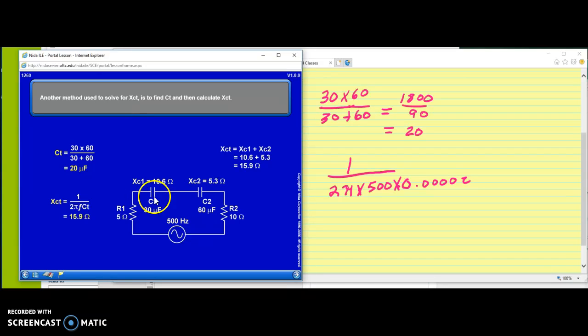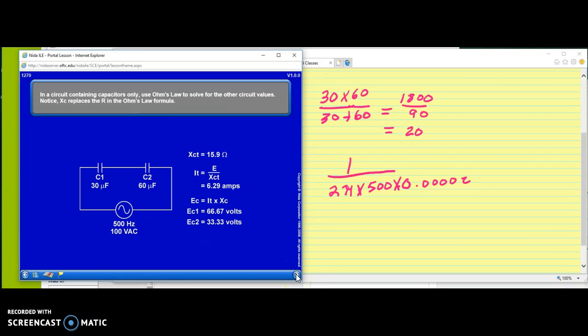But if you're going to be solving a circuit, it's probably better to get the individuals if you'll end up having to deal with currents and things like that. But that's totally up to you. And if you have to go back and do it a second time, that's fine as well. So in a circuit containing capacitors only, we use Ohm's law to solve for the other circuit values.